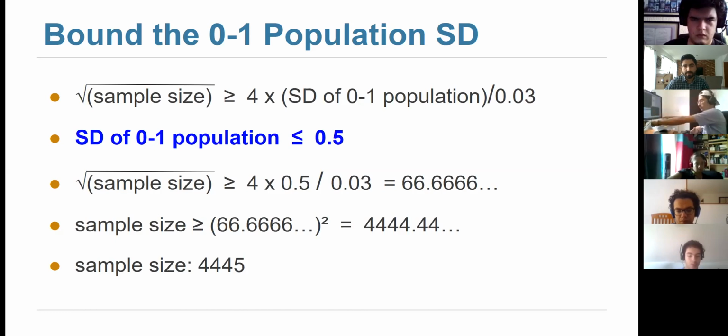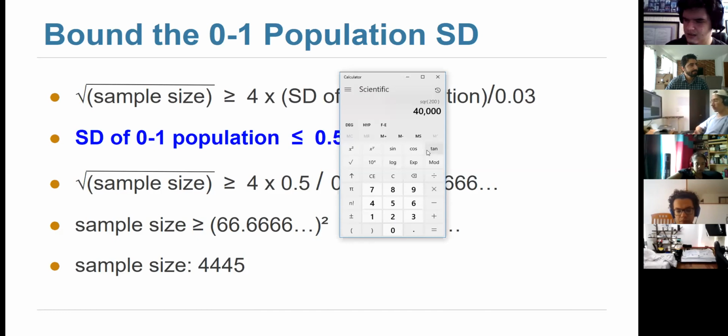It would be 200 to the power of 2, which means 40,000. So I have to sample 40,000 people to get a good estimate of my voting predictions for 4 candidates.